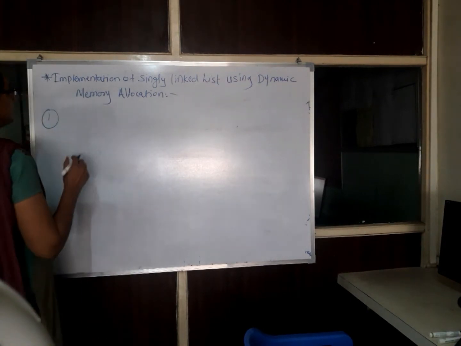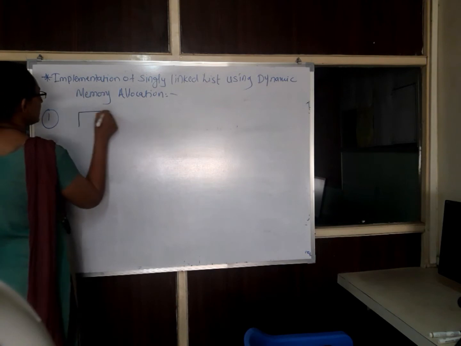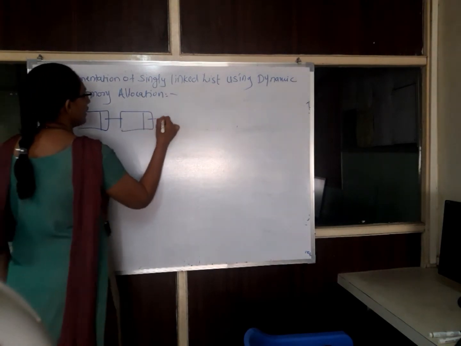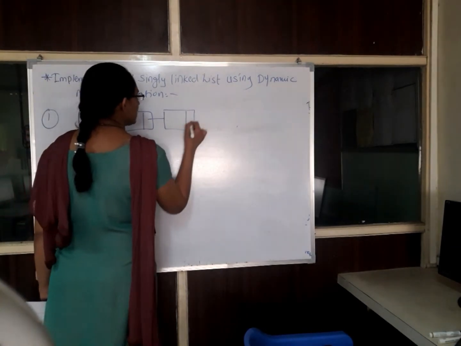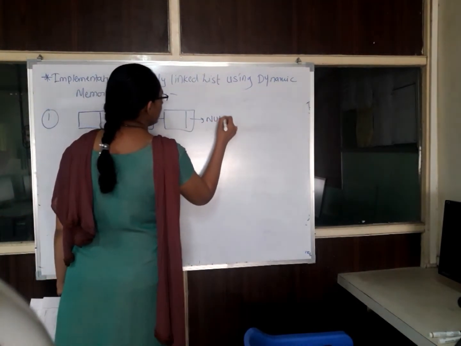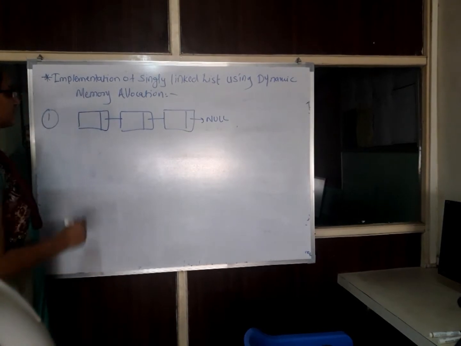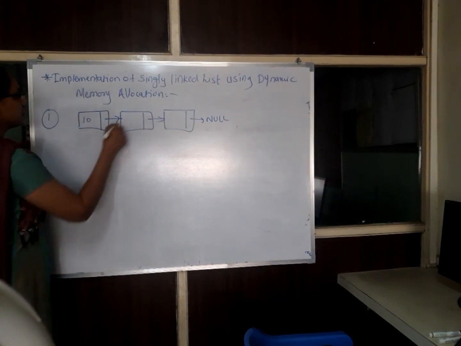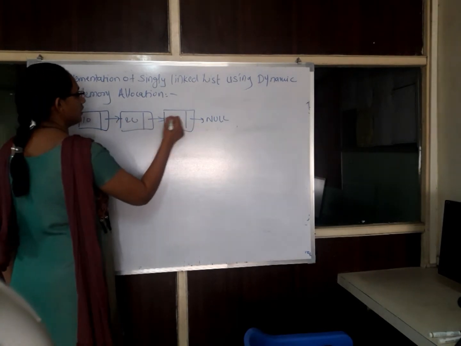So a linked list contains a collection of nodes, where each node contains data and a pointer or reference to the next node. Suppose this is the list: 10, 20 and 30.